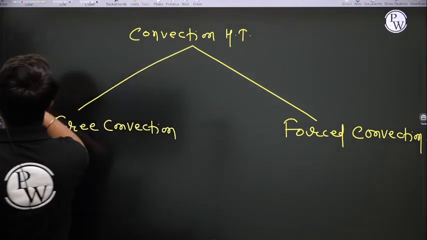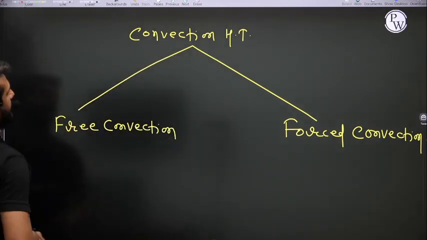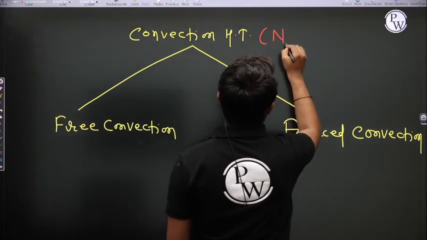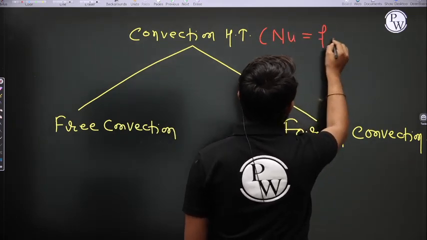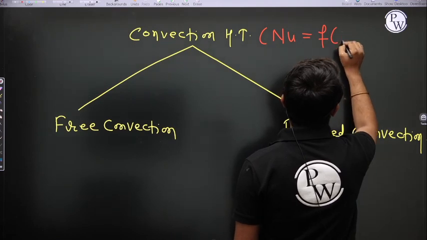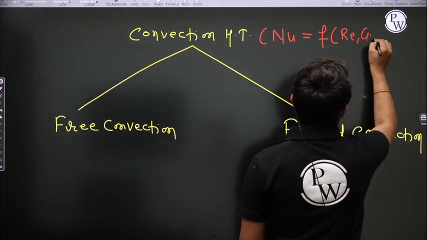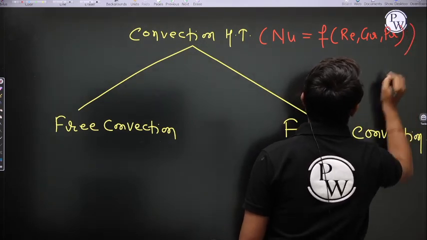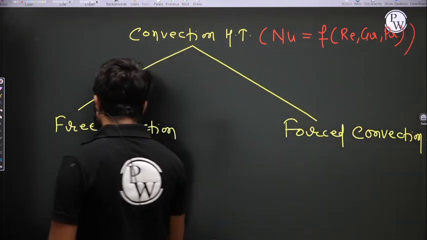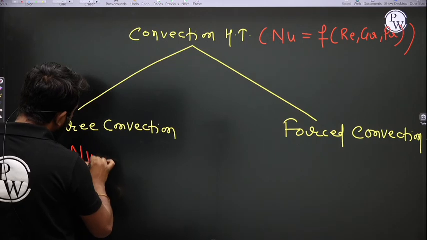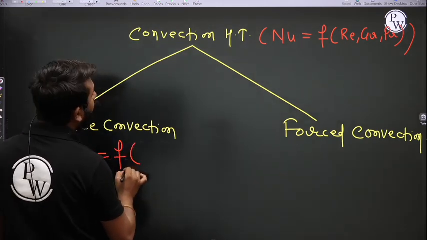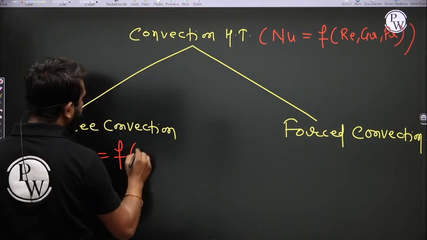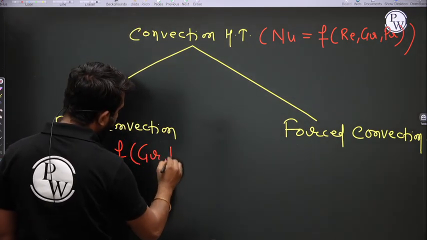In case of convection heat transfer, the Nusselt number is a function of Reynolds number, Grashof number, and the Prandtl number, right? But in case of free convection, the Nusselt number is a function of Grashof number and the Prandtl number.